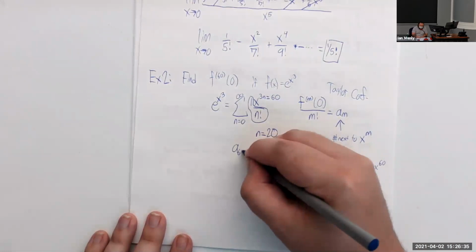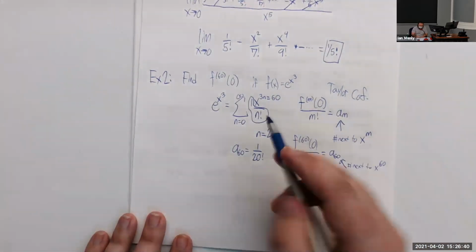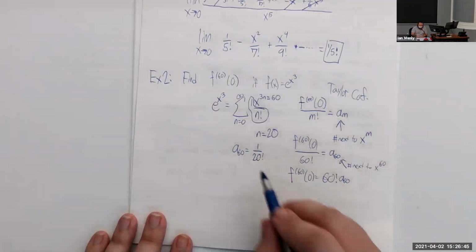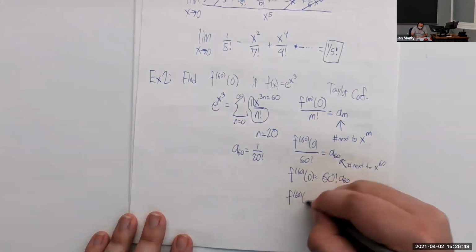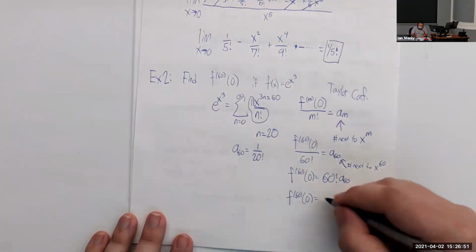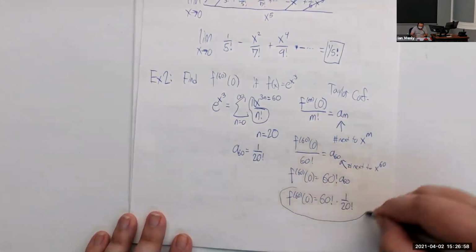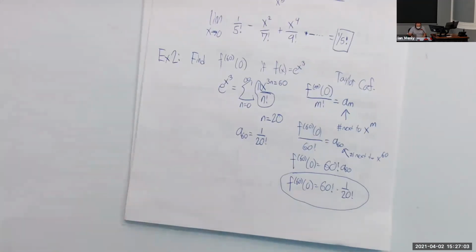So that means that my a sub 60 will be 1 over 20 factorial. That's going to be the number that's next to x to the 60th here. So I take this, I put it into my equation here, and that gives me that my 60th derivative at 0 is 60 factorial times 1 over 20 factorial. And there we go. I was able to compute my 60th derivative in the time it maybe took to do like 4 or 5 of those derivatives right there.